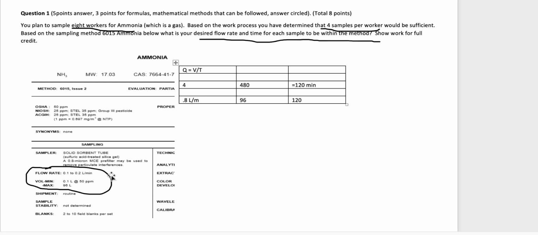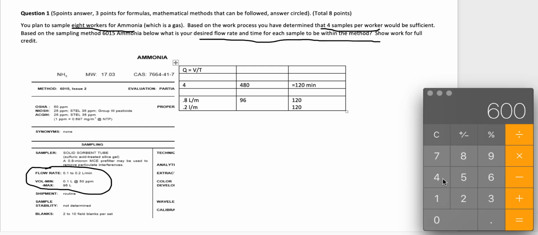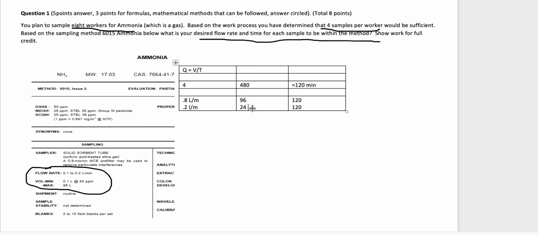Let's look at the highest flow rate acceptable. So our maximum flow rate, according to the method, is 0.2 liters per minute. And we still want to sample for 120 minutes. And now we need to figure out how much air we'll pull, and that's what our sample volume is. So we have 120 times 0.2, 24 liters.